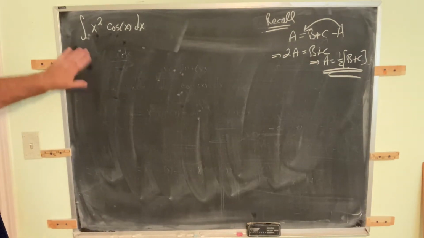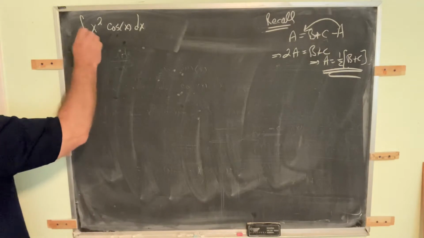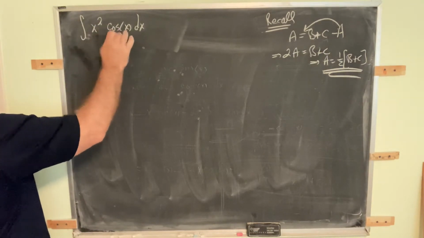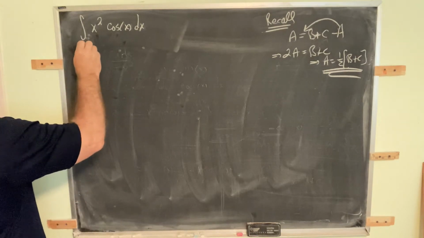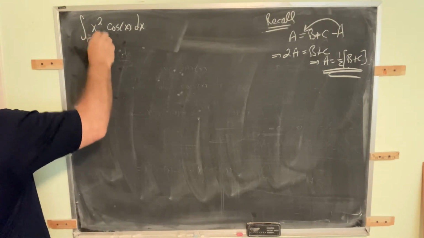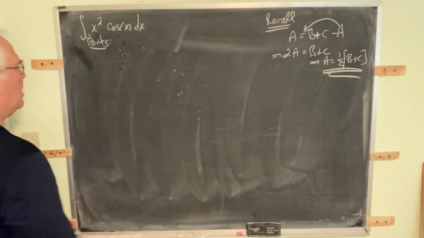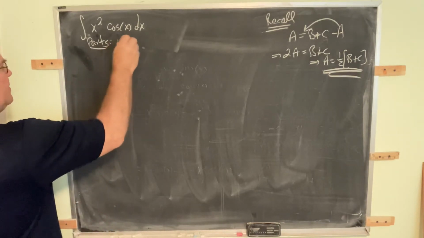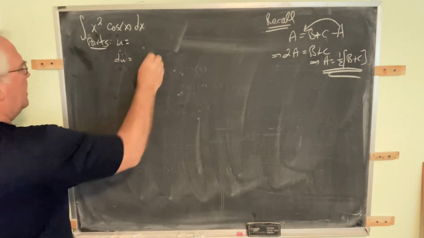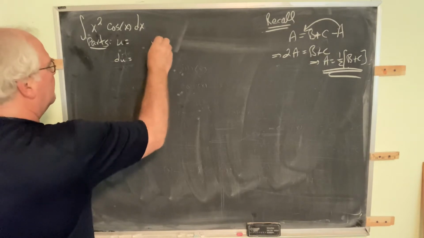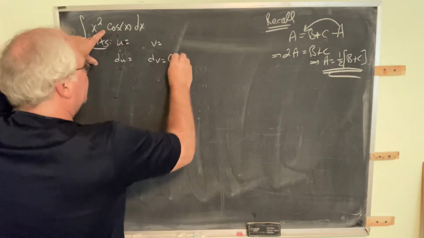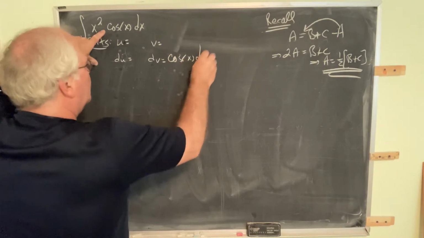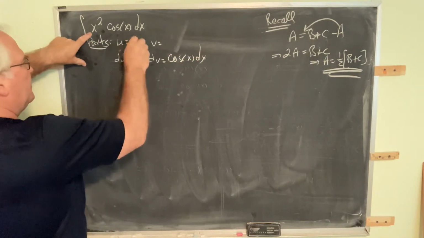So I want to do integration by parts, and this is the product of a transcendental function and an algebraic function. So we're going to do parts, and what do we have here? We have u and du, dv and v. dv is the most complicated portion whose antiderivative we know. u is everything else.